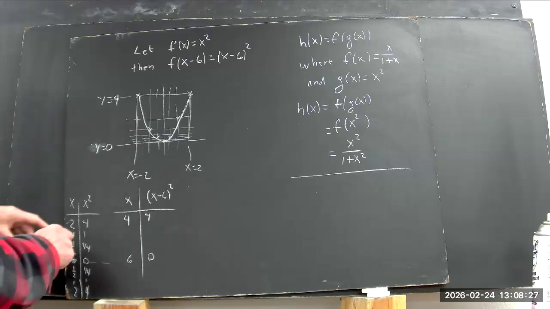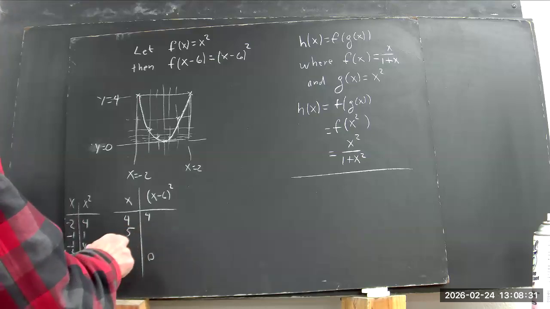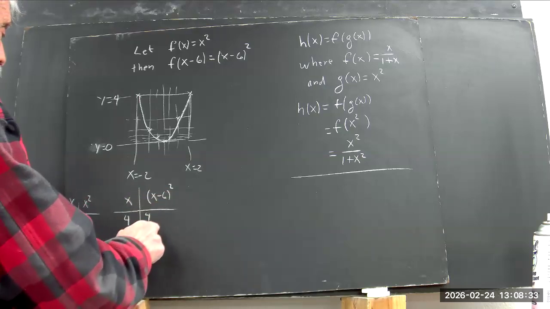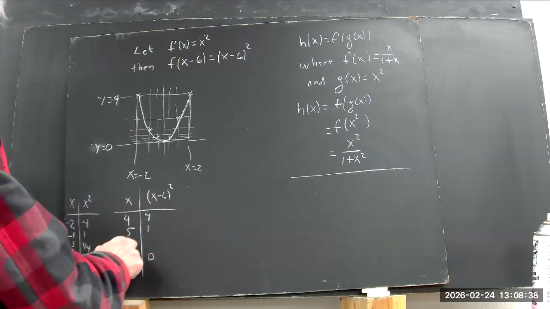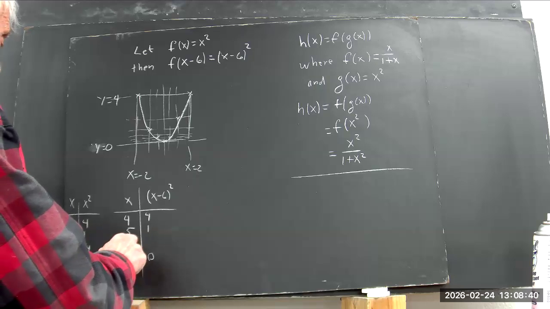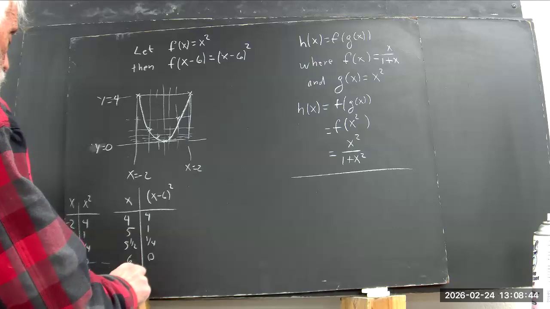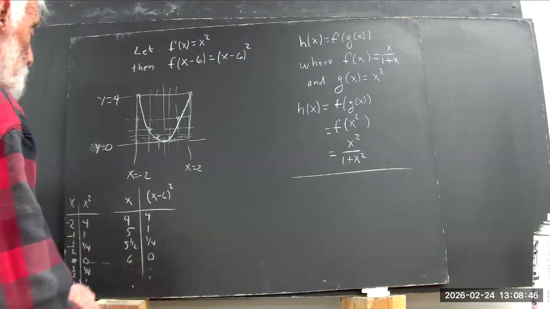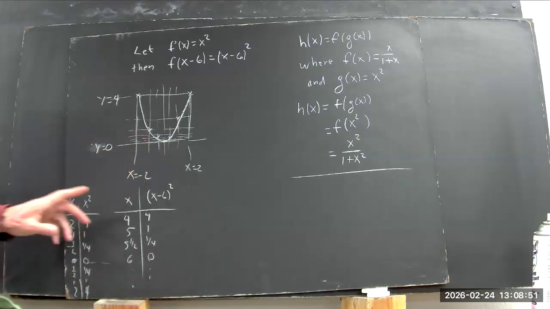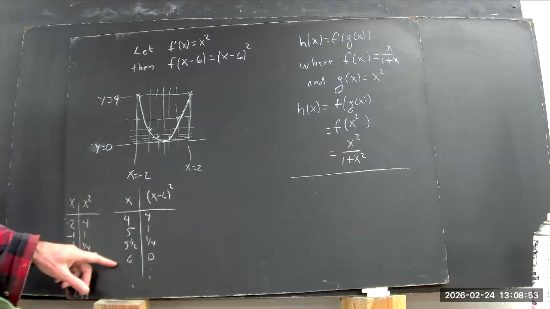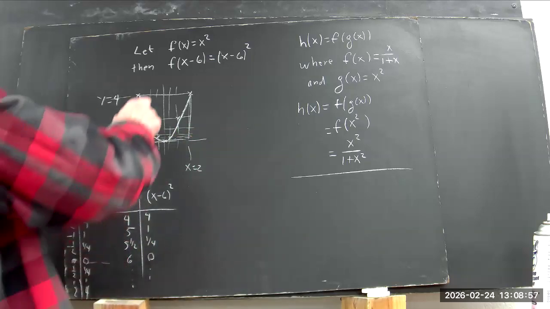Okay. If I add 6 to negative 1, I get 5. Plug in 5 here, and I get 1. If I add 6 to negative 1/2, I get, we can call it 5.5, and I get 1/4. And so on. This means that my graph of x minus 6 squared lies 6 units to the right of my graph of y equals x squared.